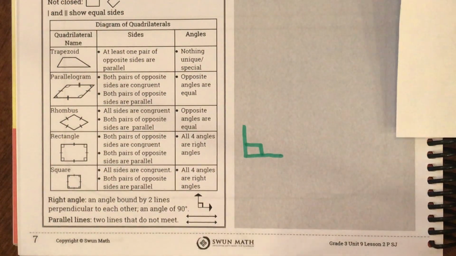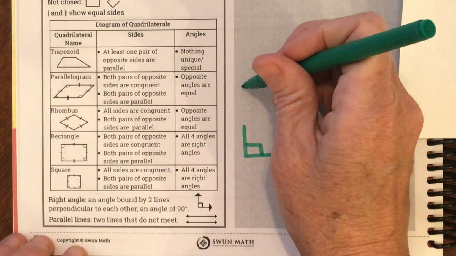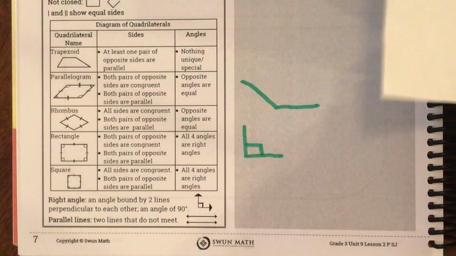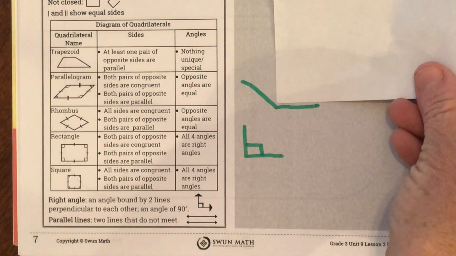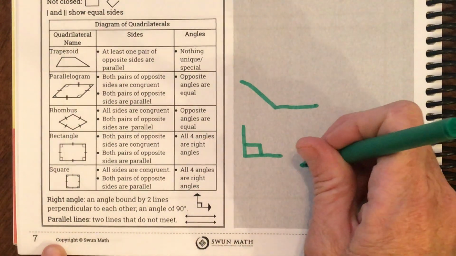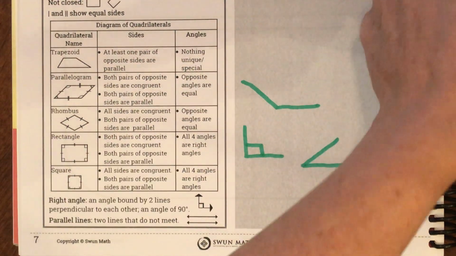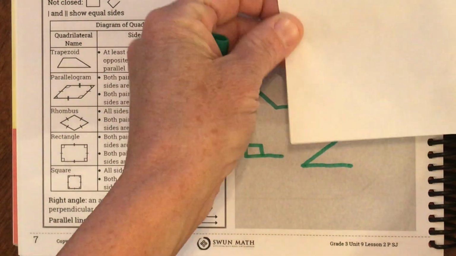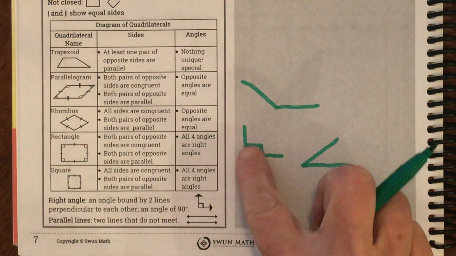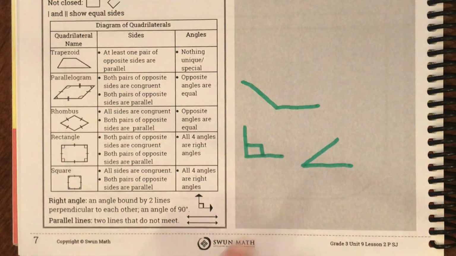That's what a 90-degree angle is. Some angles are bigger or larger than 90 degrees. Look what happens if I put my paper in there. Does it fit? No. Or some angles are smaller than 90 degrees. And so if I put my paper there, do you see how it doesn't fit in there? So 90 degrees is the paper fits perfectly.